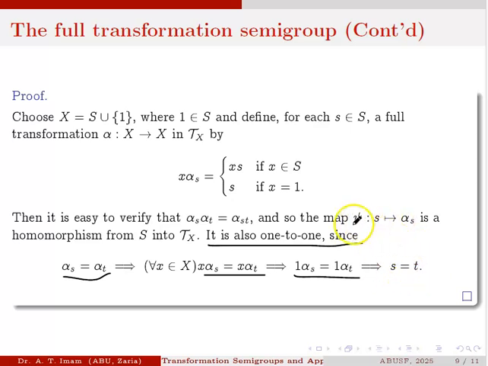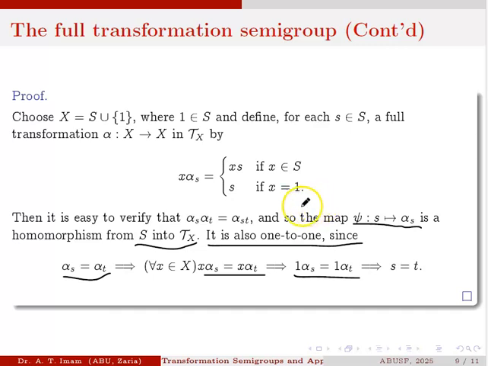So this particular mapping psi is a one-to-one map, or injection. So therefore we have an injective homomorphism from the semigroup into the full transformation semigroup Tx. So this embeds S into Tx. This is the universal property the semigroup has.